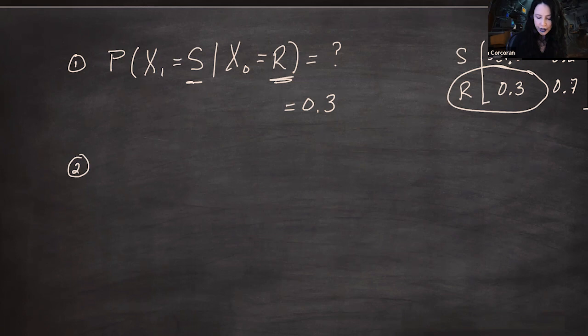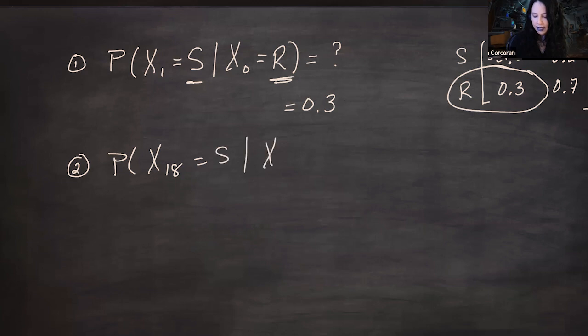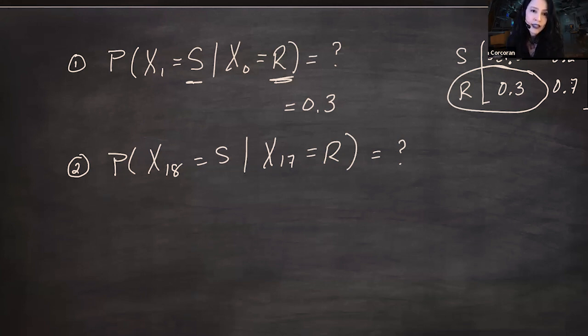My next question here is, what is the probability that X18 is sunny given X17 is rainy? And the point of this is that if you're given a Markov chain with a transition probability matrix, that matrix is not going to make sense if it's not time homogeneous, because this matrix is supposed to represent the probabilities of moving from sunny to sunny and sunny to rainy over every or any one given day.